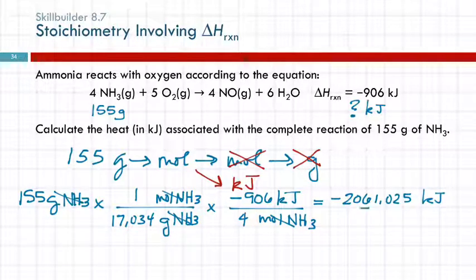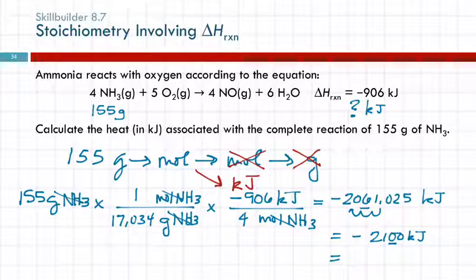So 3 sig figs, and this is where we need to be careful in rounding and not lose our minds and say that 2,000 is the same as 200, because if I say it like that, everyone recognizes it's not the same, but you make it in kilojoules and people say it is. So this could be negative 2,100 kilojoules. The safer thing is to put it in scientific notation, because this doesn't specify the number of sig figs very well.